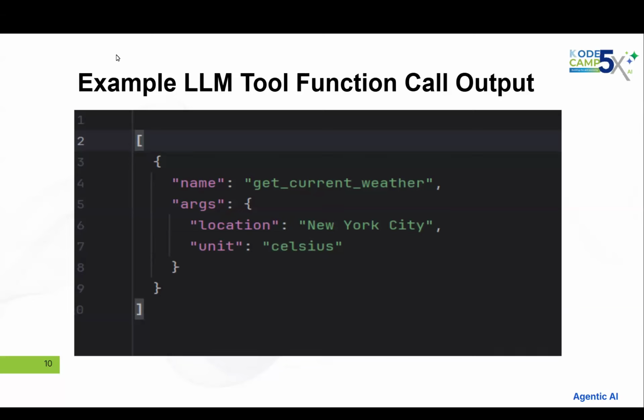I think that one will give me the precise output. But just leaving it at what is the current weather in Ghana, I don't know if it will give me the precise output.